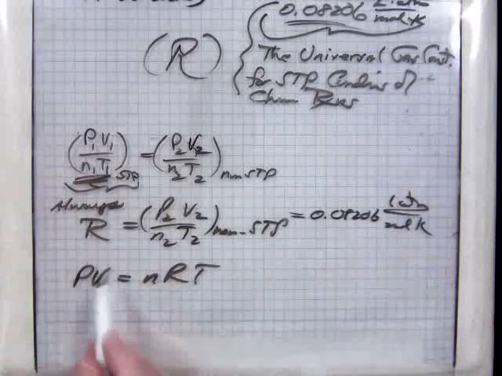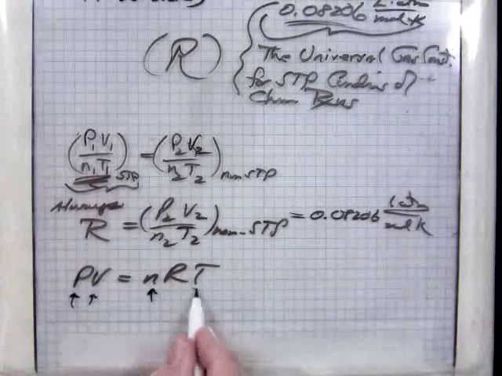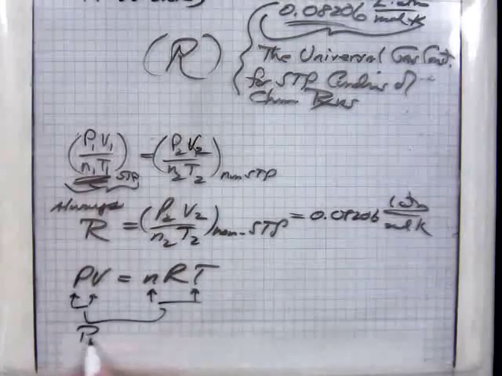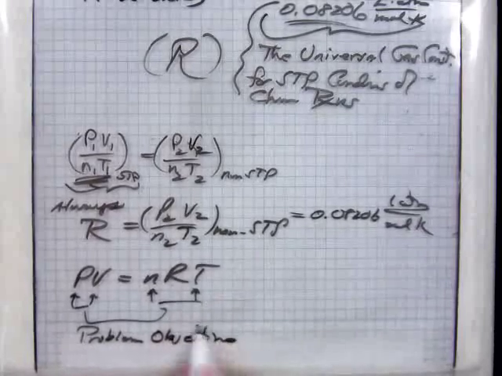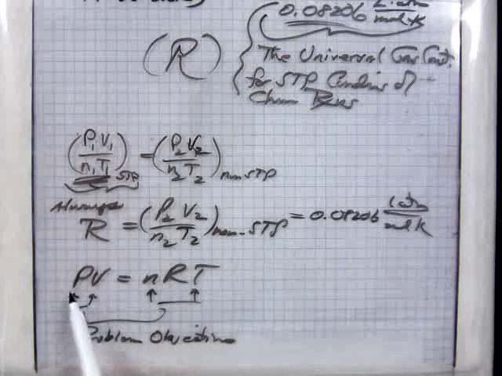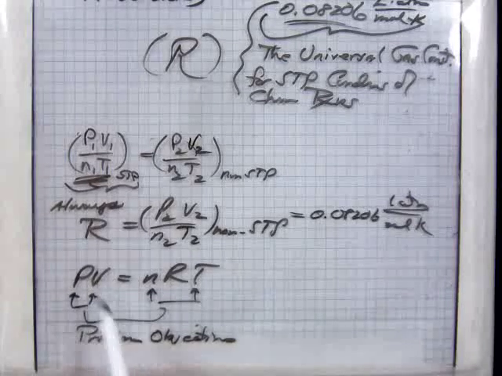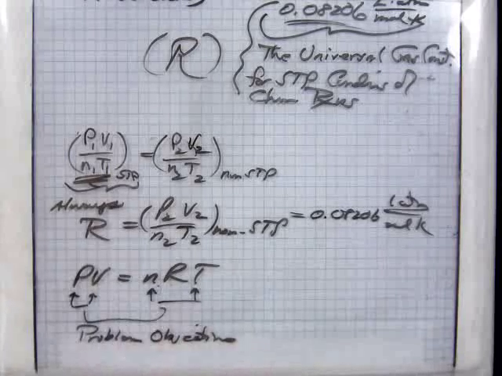And so these are the problem objectives in reaction problems. Because what they're going to give you is, they'll say a reaction is run at such and such a pressure, producing so much volume, and you're given so much mass and temperature, and one of those is going to be an unknown.